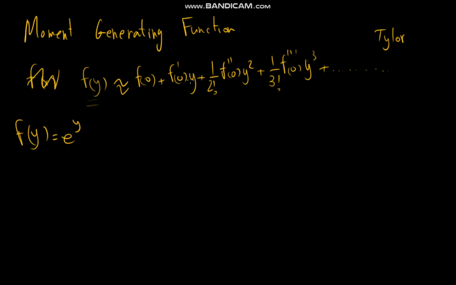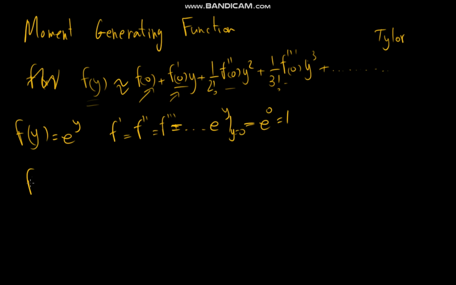We need all of its derivatives, and no matter what, the first, second, third and all the rest will always be e to the y. We need to put 0 instead of y, and we know that e to the 0 is 1.